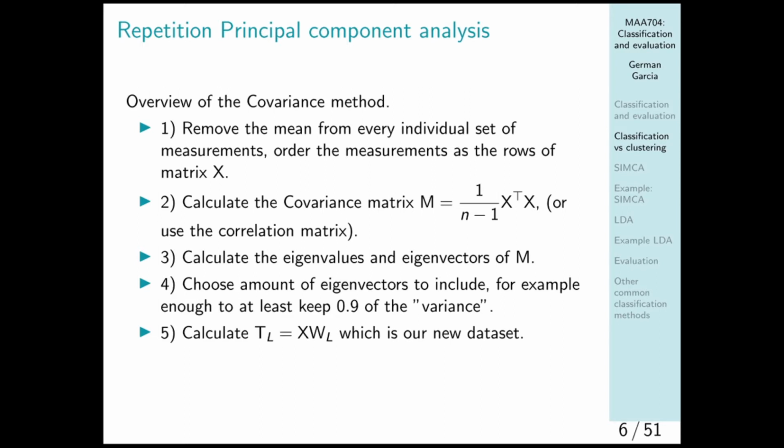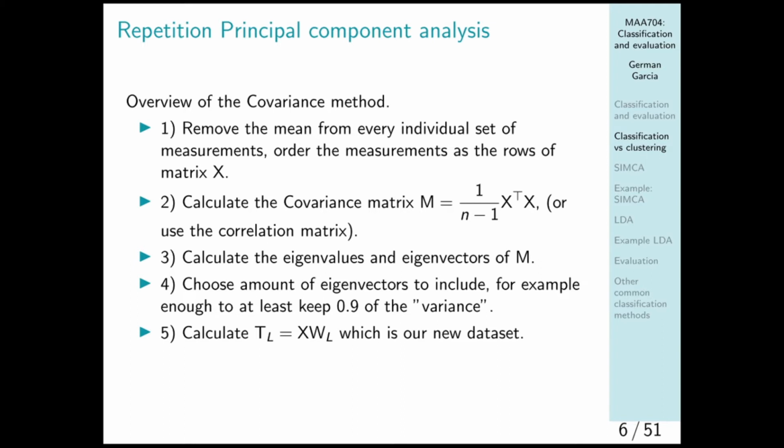Since the first one we are doing is Simca, I'm going to do a quick overview of the principal component analysis using the covariance method as we saw in the last lecture. So step 1, we remove the mean from every individual set of measurements and order the measurements as the rows of matrix X. Step 2, we calculate covariance matrix M. Step 3, eigenvalues and eigenvectors of M, it's a square matrix, that's no problem whatsoever.